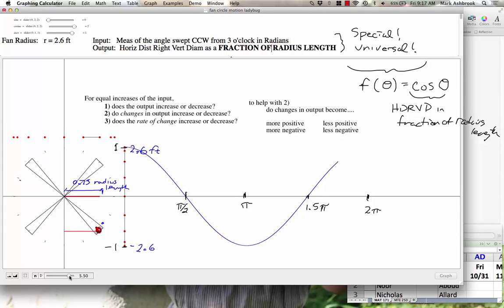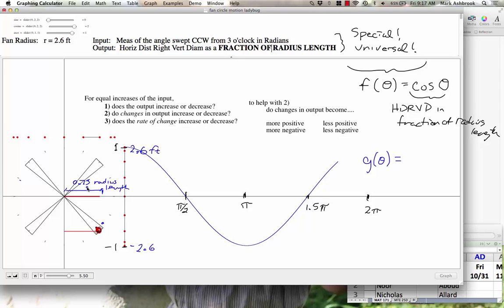That's the cosine, right? So if I wanted to write a second function, this one gives the horizontal distance in feet. Well, what did you do? You took the 0.75 times 2.6. And that 0.75 was the value of cosine. It was the fraction of the radius.